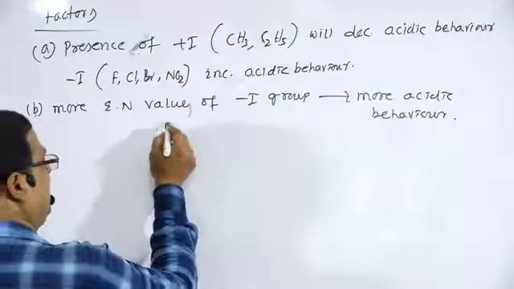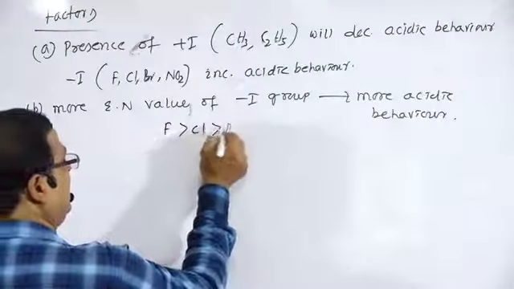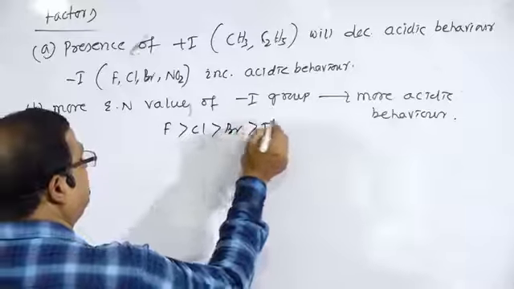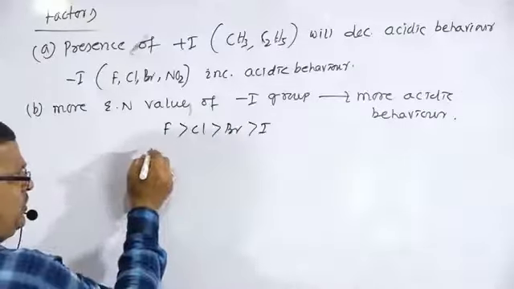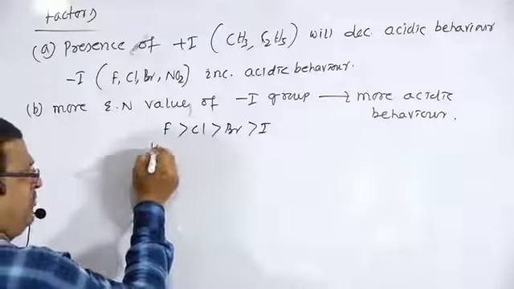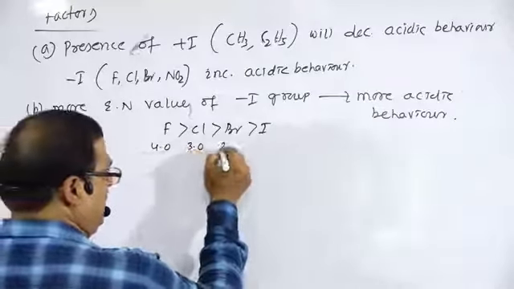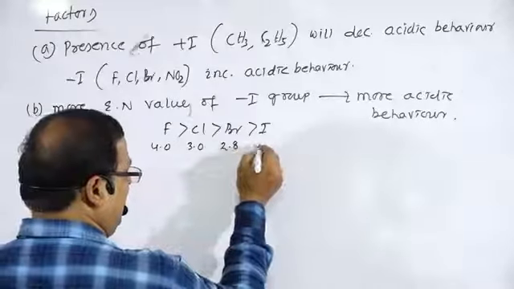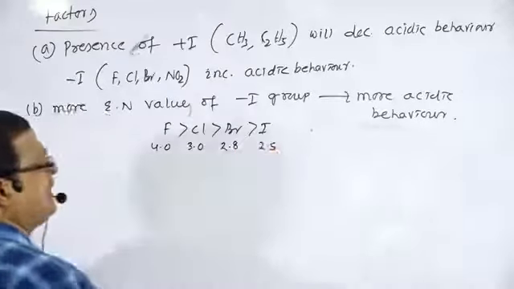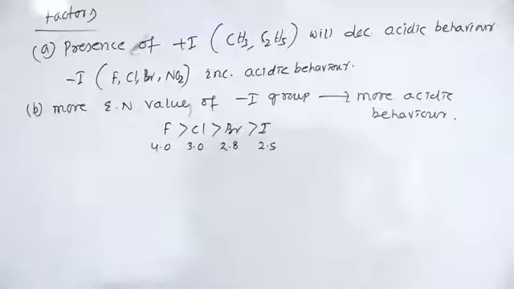For example, F greater than Cl greater than Br greater than I. Because you know the electronegativity of fluorine is 4.0, chlorine 3.0, bromine 2.8, and iodine 2.5. That is regarding the electronegativity values of the minus I groups.